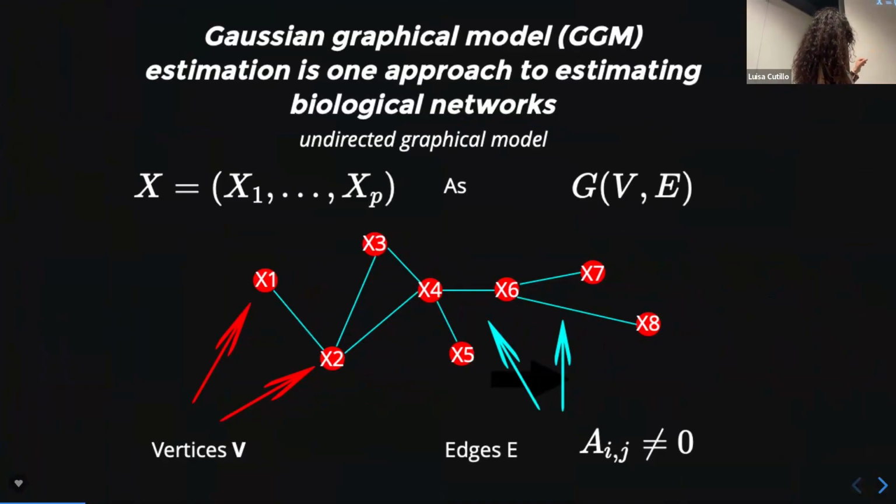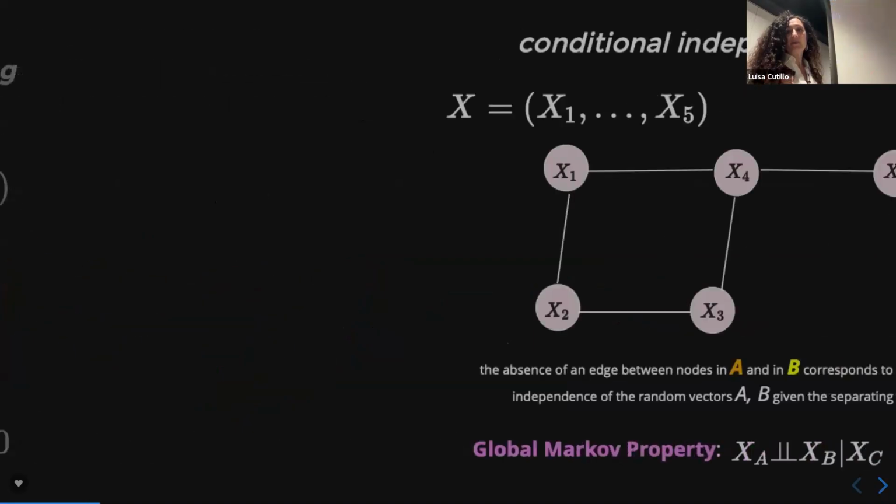In this case, we have undirected, meaning that there's no meaning in a direction from x1 to x2 or x2 to x1, for example. And the edges can be summarized in terms of the adjacency matrix. It can be 0, 1, or a different value instead of ones, if it is weighted. This is just general background.